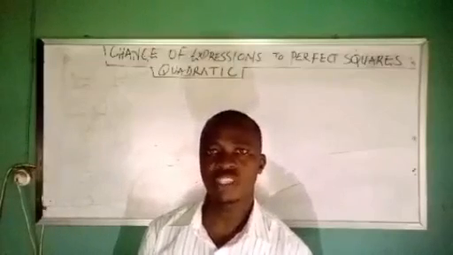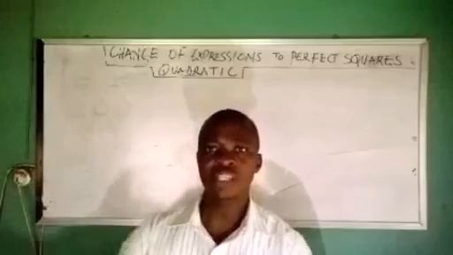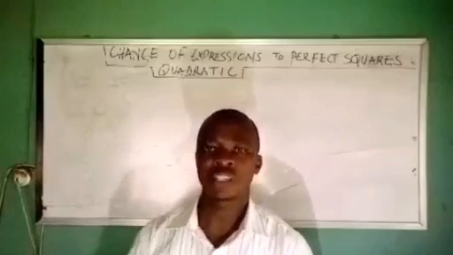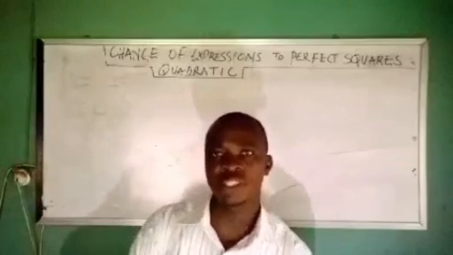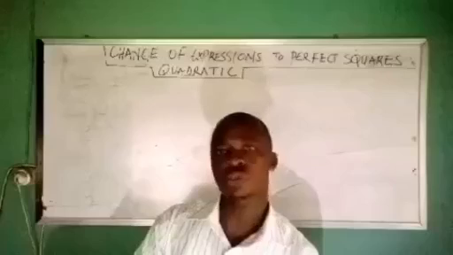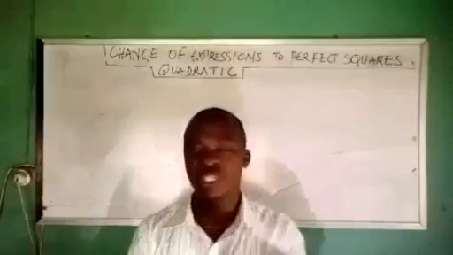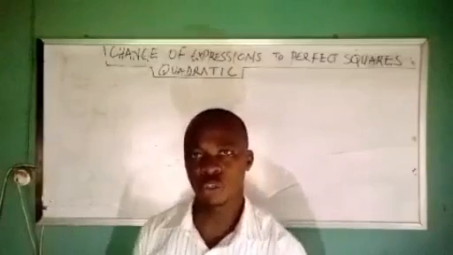Definitely there will be something missing in that expression, so we are now to complete it so that it can be a perfect square. That's what we want to do today.